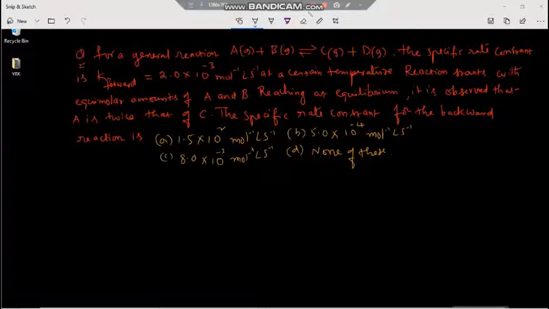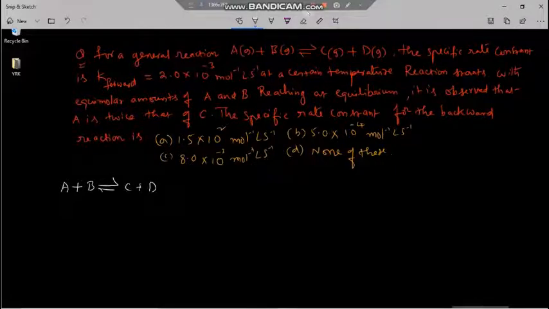Let us see what equation they have given. They have given an equation that is A plus B in equilibrium with C plus D. It is a gaseous reaction. Initially, you can assume the number of moles of A is a and B is a equally, but C and D will be 0.